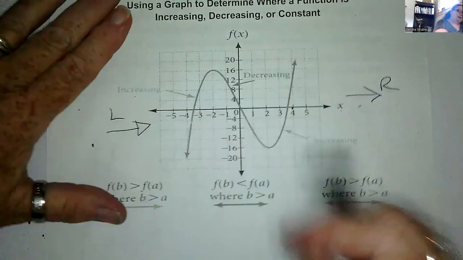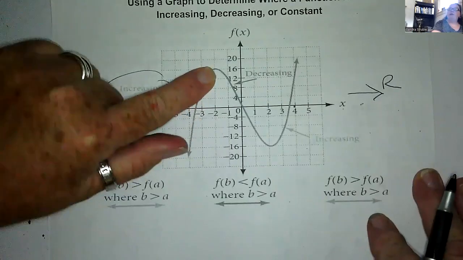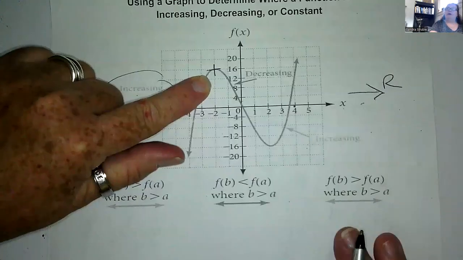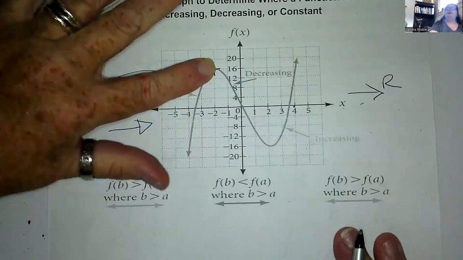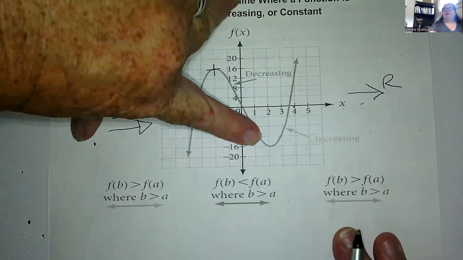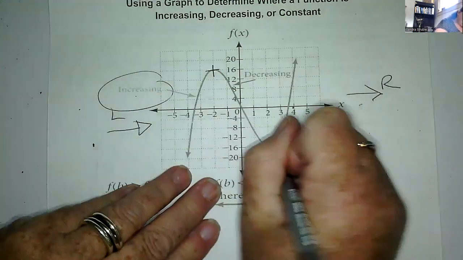So this has to be increasing because it's going up. And then you're going to hit a point right here that is neither increasing or decreasing, okay? From that point, that's called a turning point, now you're decreasing, okay?